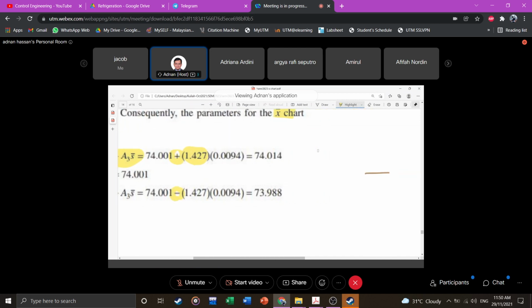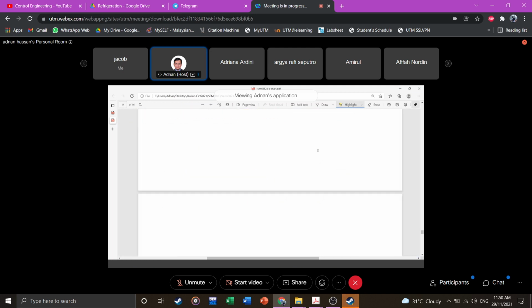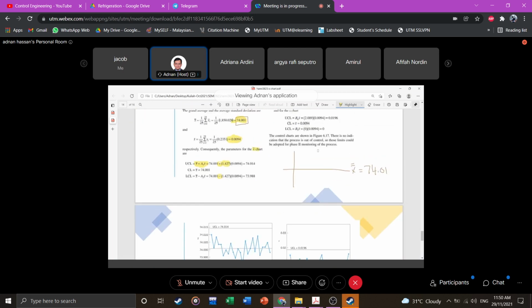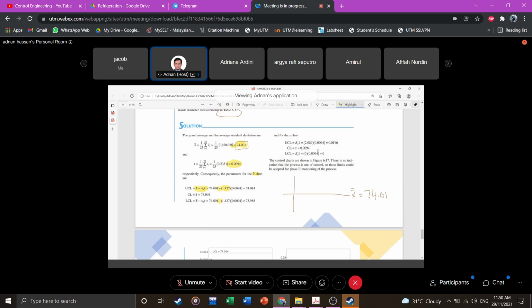That is the X bar chart with S. Now the S chart: we have B4 S bar, which gives this value, and B3 S bar, this value. So plot the chart.